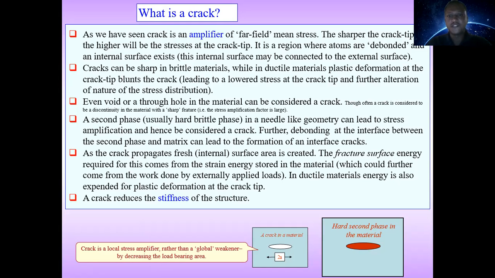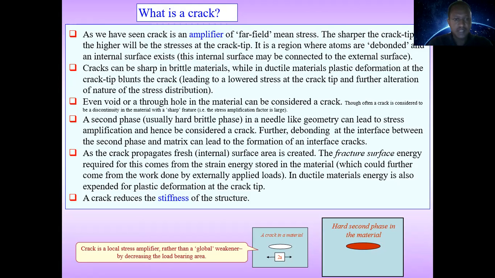This internal surface may be connected to the external surface. Cracks can be sharp in brittle material, while in ductile material, plastic deformation at the crack tip blunts the crack, leading to lower stress at the crack tip and further alteration of the nature of the stress distribution.